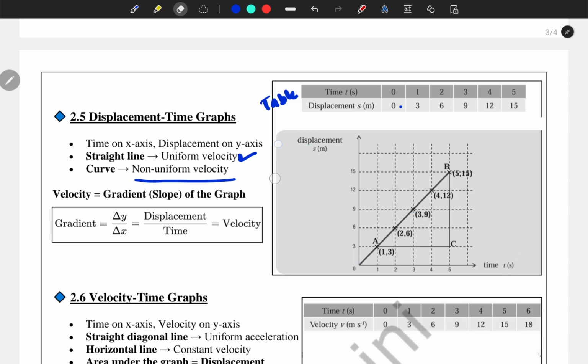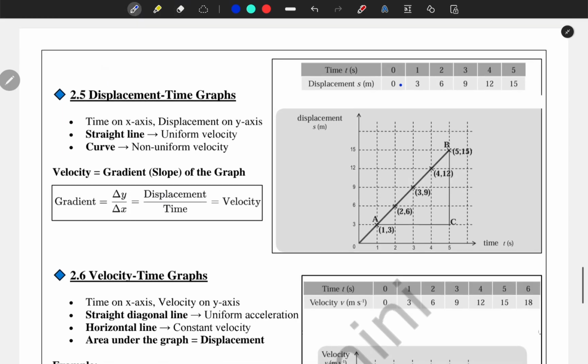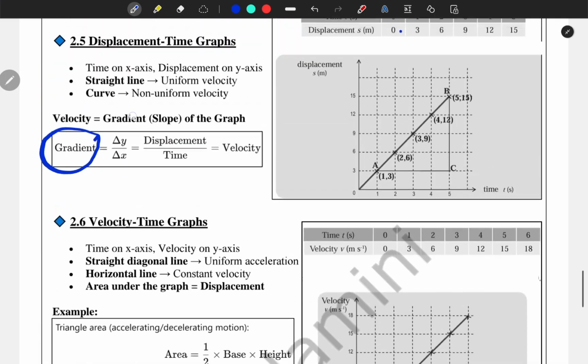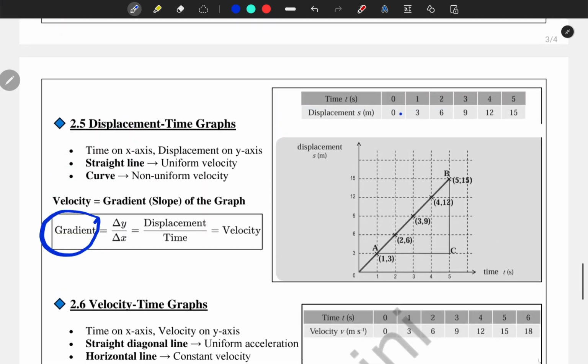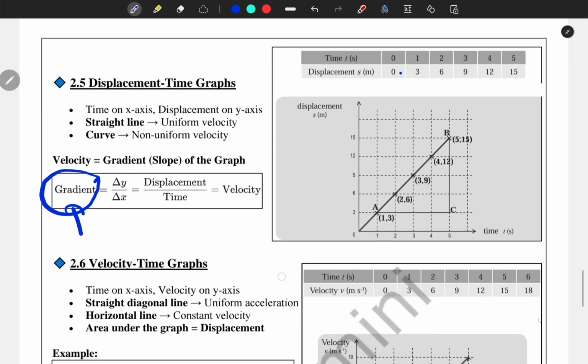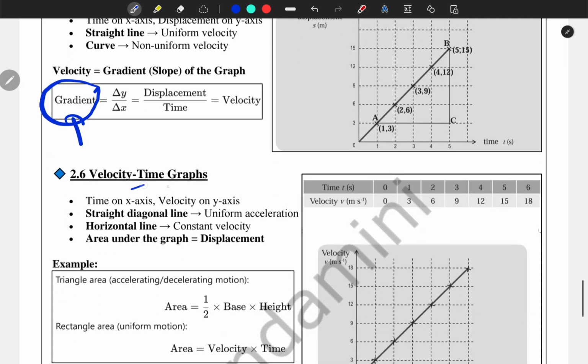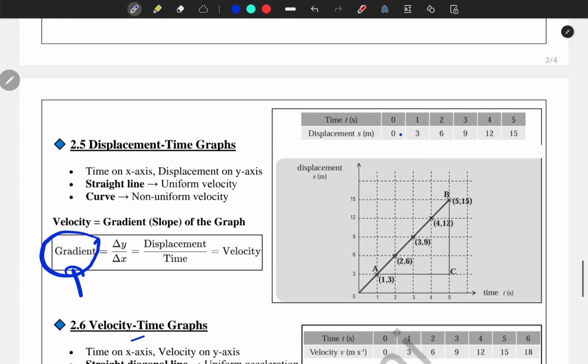So that is the first point you have to keep in your mind. And a very, very important thing is the gradient of these graphs. In the displacement time graph we are only calculating the gradient, but in the velocity time graph, we are calculating the area too. So that is another concept.